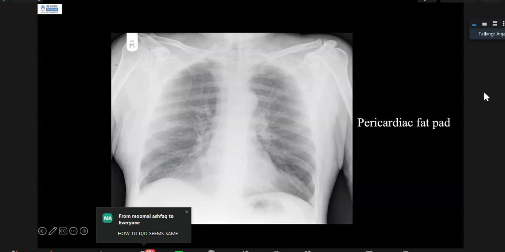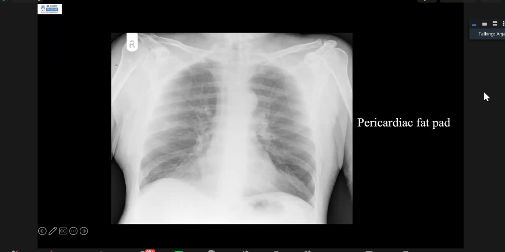And so just a brief mention about one normal appearance. This is what we call the cardiophrenic angle. In some X-rays the cardiophrenic angles will have pericardial fat. The pericardial fat pad will give a hazy appearance, not a very dense appearance, what you are seeing here.